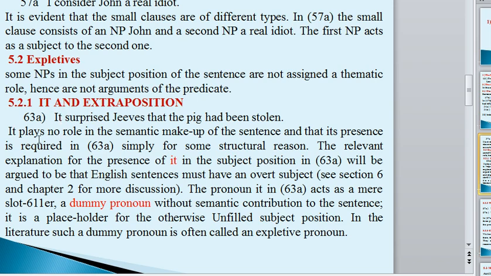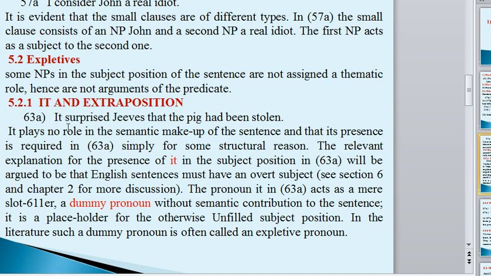So it plays no role in the semantic makeup of the sentence, and its presence is required simply for some structural reason. The relevant explanation for the presence of it in the subject position will be argued to be that English sentences must have an overt subject.